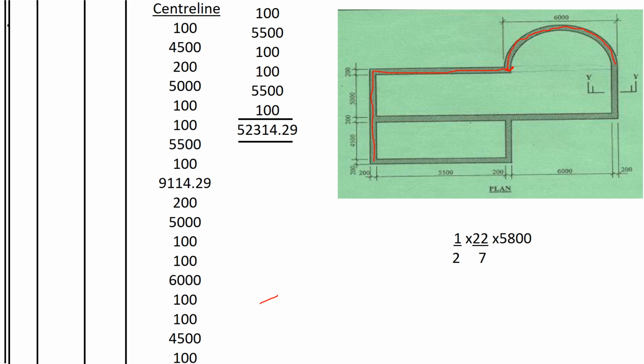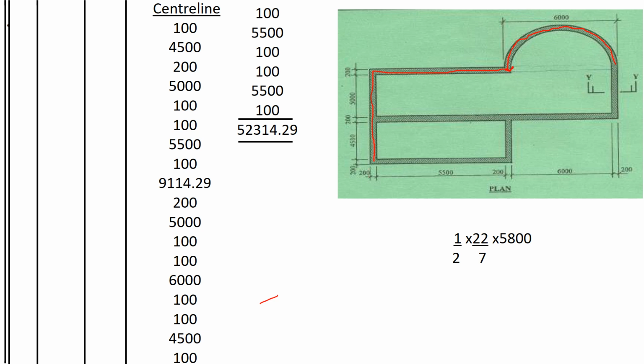What is the diameter of this semicircular part? If the diameter of the total semicircle was 6000, then we subtract 100 for the wall. It shall be 6000 minus 100. 100 is half the wall, so it shall be 5900.